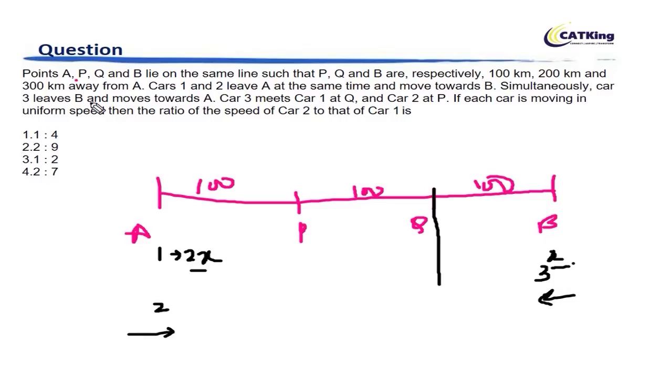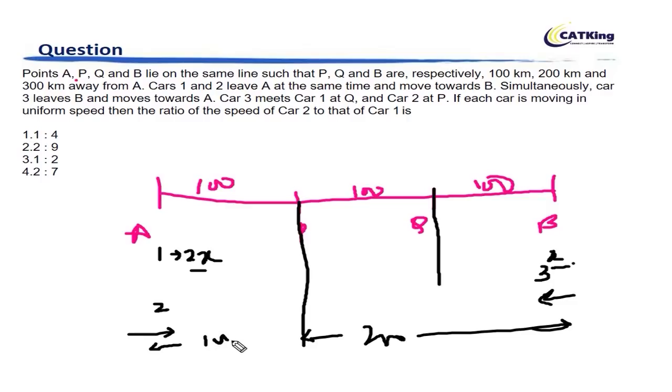Now what else do we know? Car 3 meets car 1 at Q and car 2 at P. Now at P, car 3 meets car 2, which basically means that car 3 travels 200 kilometers and car 2 travels 100 kilometers in the same amount of time.